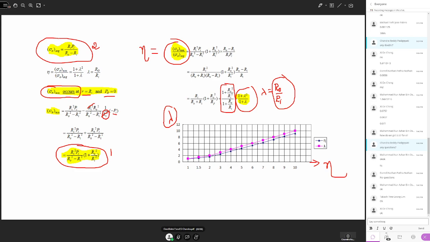Calculate and plot the values in an XY plot as shown. As the ratio increases, the ratio of maximum stress over average stress also gradually increases like this.